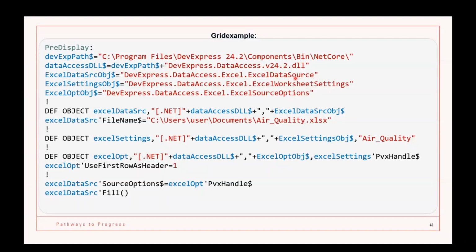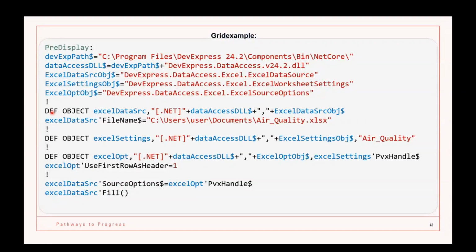So we're going to do 3 objects. One is Excel data source, one is Excel worksheet settings, and one is Excel source options. I'm first going to create an Excel data source object. This is just a data object, so you notice I don't need to specify a screen location.